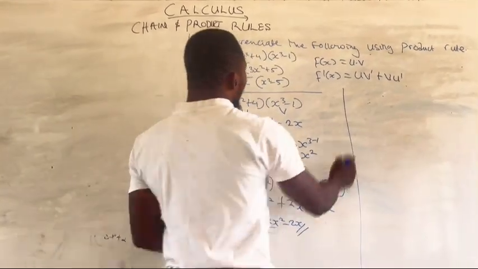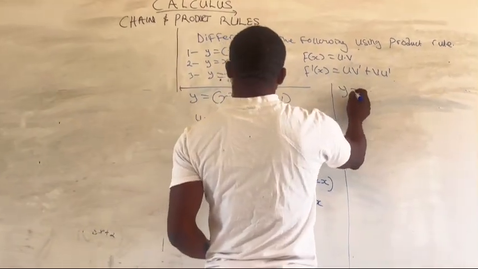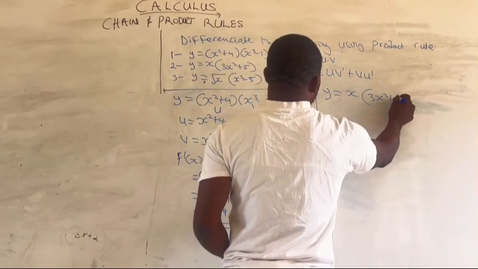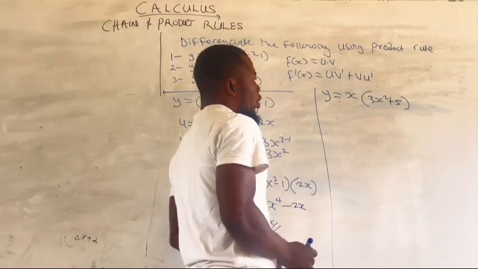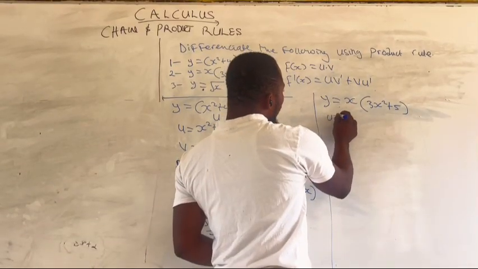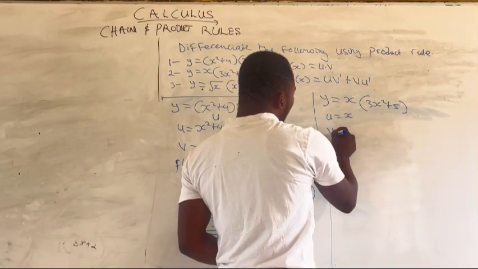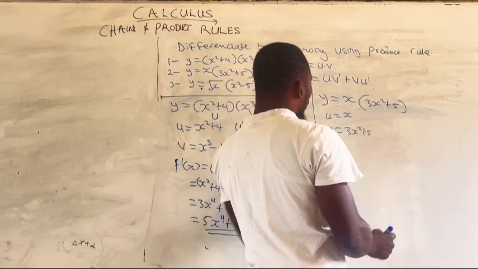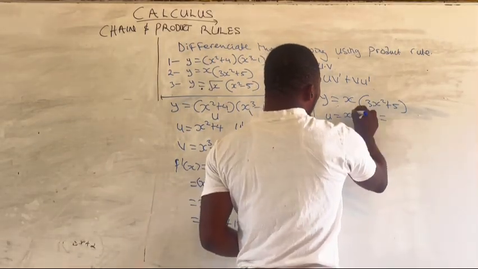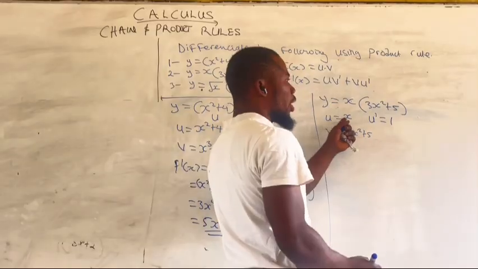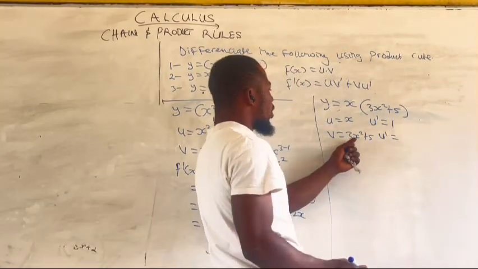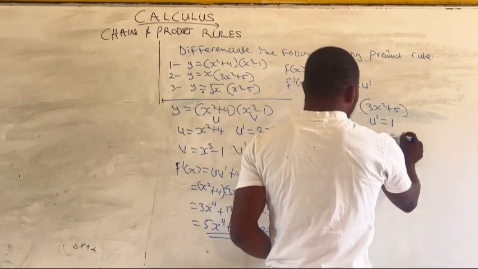The second question is y equals x into 3x squared plus 5. From here, our u is already x and our v is 3x squared plus 5. We'll look for u prime. Our u prime will be 1, because if you differentiate x, you get 1. Our v prime: if you differentiate 3x squared we get 6x.